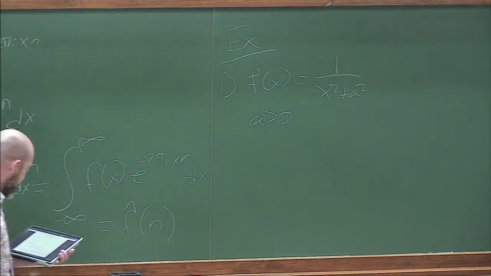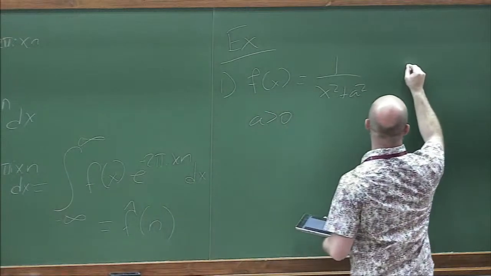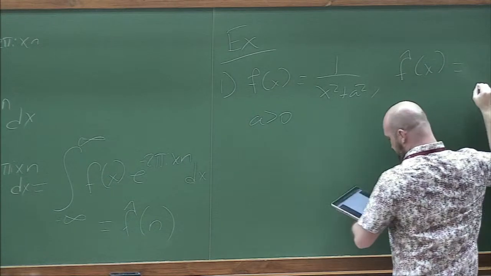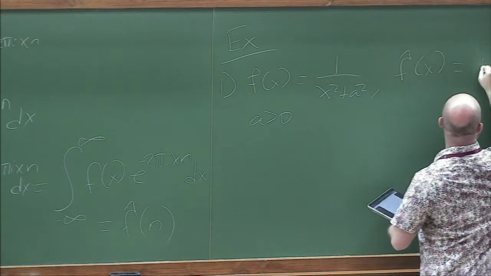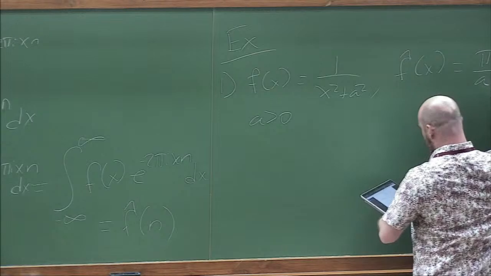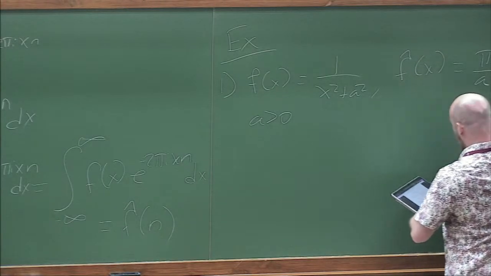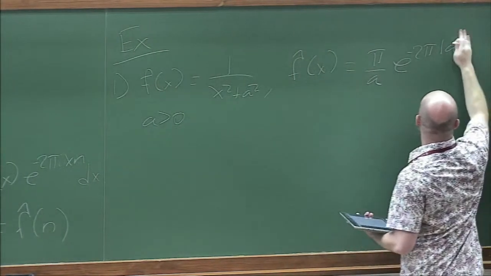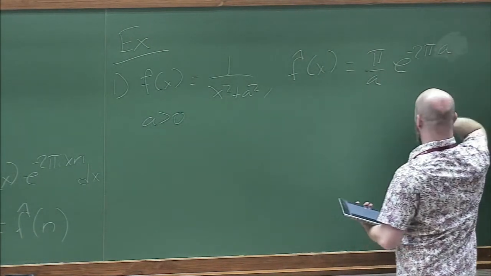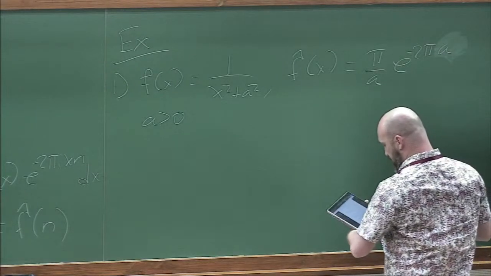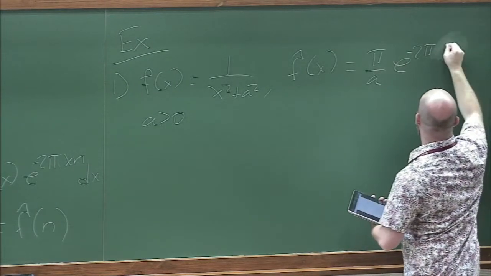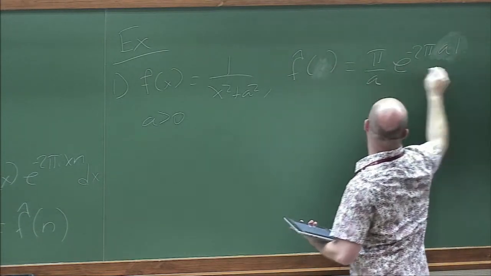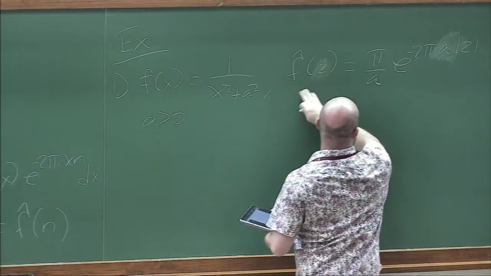Now the Fourier transform of this is equal to pi over a e to the minus 2 pi a absolute value of, sorry, I got my absolute values in the wrong spot. I want to change my variable for the Fourier transform.